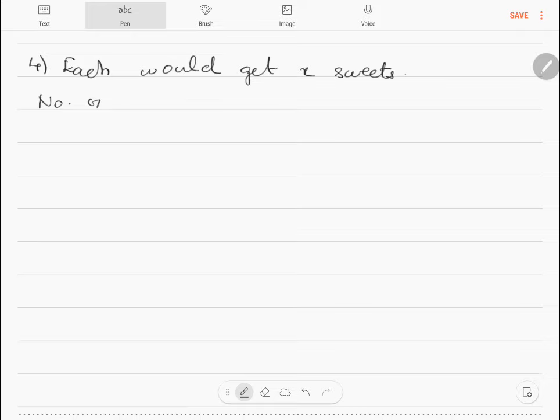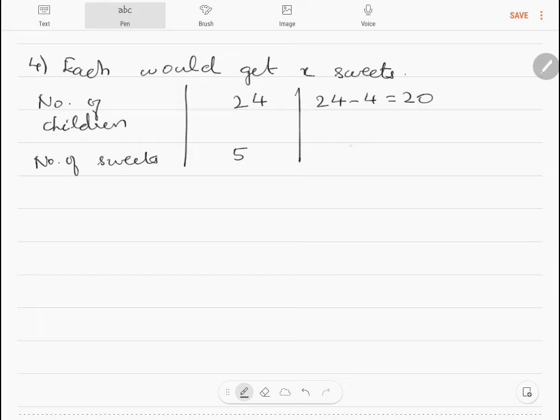Here number of children, number of sweets. Number of children is 24, number of sweets is 5. So 4 less, 24 minus 4 is equal to 20. Number of sweets will be x.